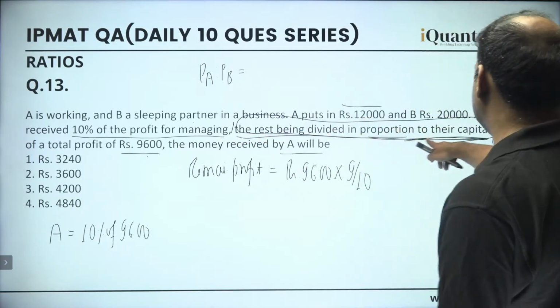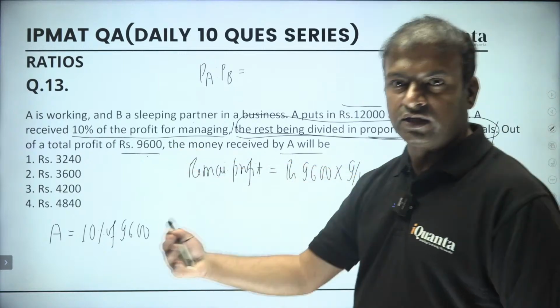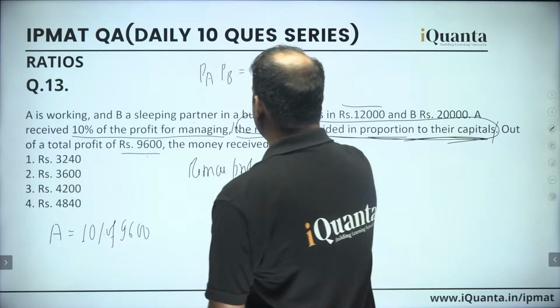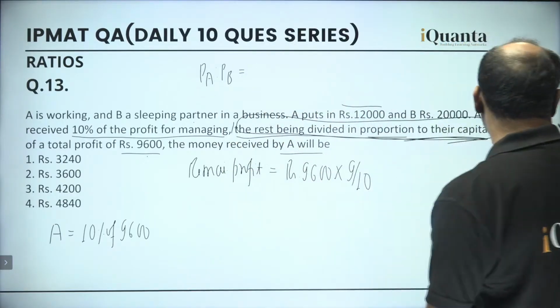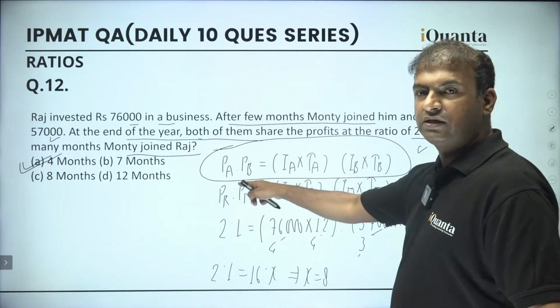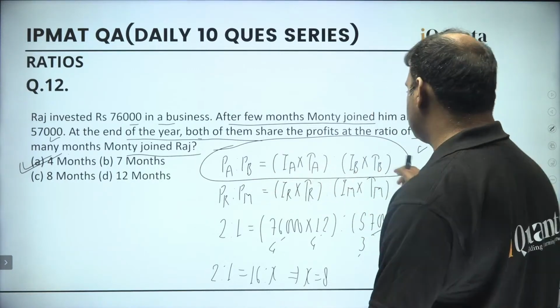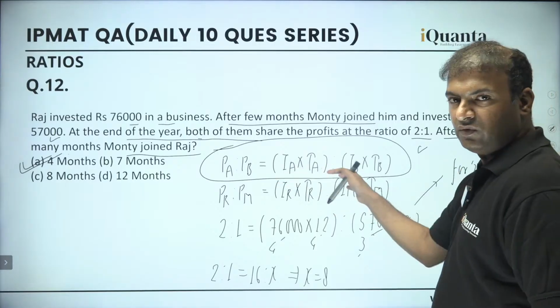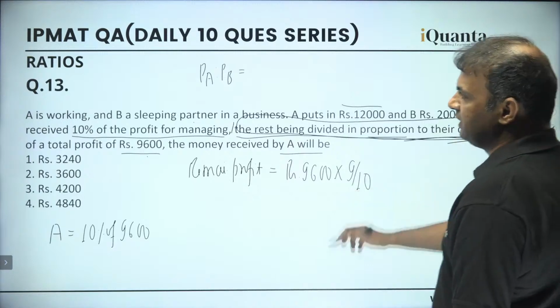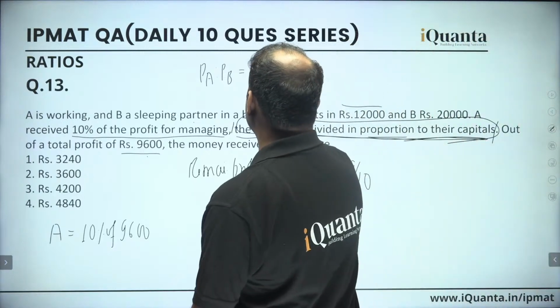So guys, whenever the time period is not given, we assume that the time period must be same for everyone, okay? So if the time period is same, that will be cancelled, and we can say the ratio of the profit is nothing but the ratio of the investments. Because the time periods are same, they must be cancelled out, right? So we can say here that the ratio of the profits must be the ratio of the investments.